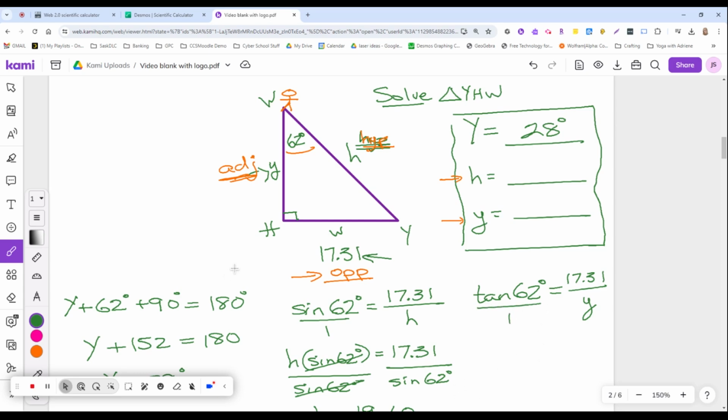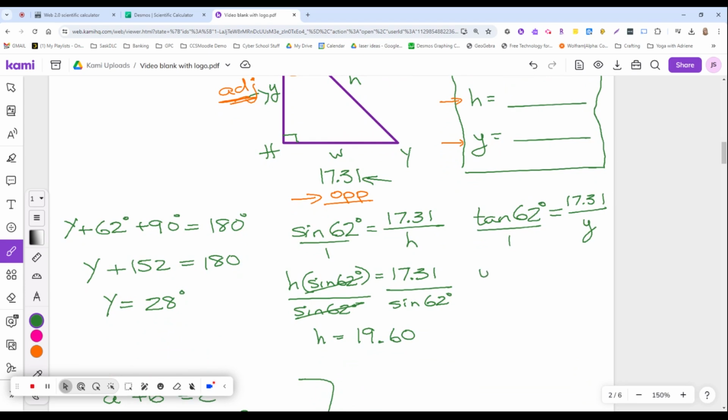My variable's in the bottom, so I'm going to put it over 1 and cross multiply, which takes me to y times tangent of 62 equals 1 times 17.31, which is just 17.31. I divide by tangent 62 to get y by itself. Anything I do to one side, I have to do to the other. So I know that y equals, and I punch it in, and I get, that's right, 9.20.